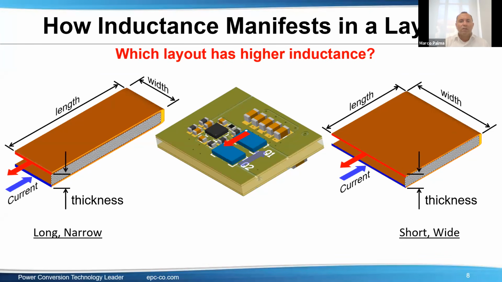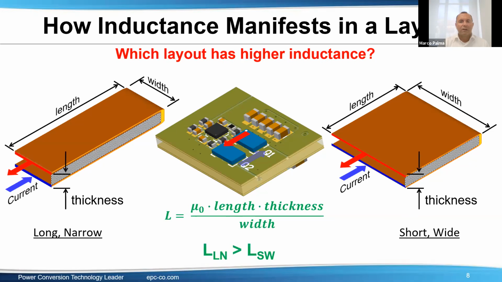To answer this question, you need to remember the magnetic flux direction and the basic inductor equation. The inductance is proportional to the length and the thickness, and inversely proportional to the width. So if you answered that the long narrow approach is higher, then you are correct.